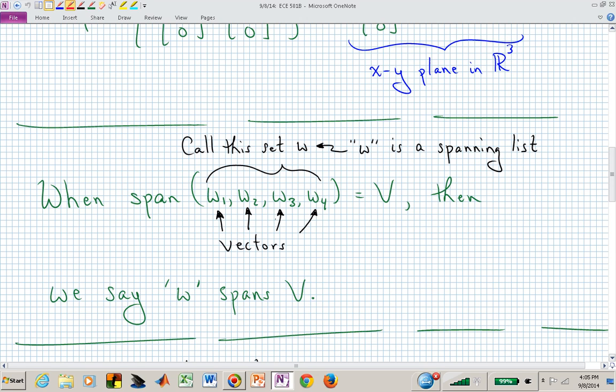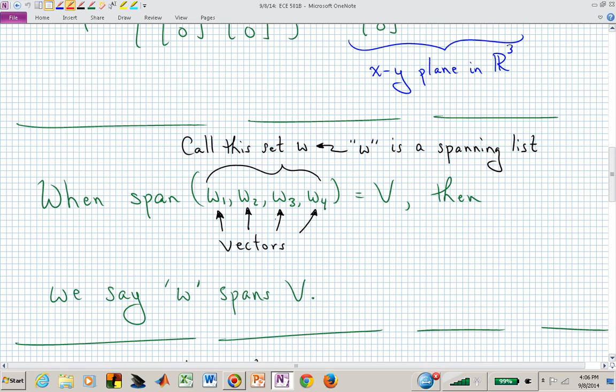This is just a spanning list, and it actually spans V. We're not saying anything about the linear independence or dependence of those vectors. We're just saying that if you had those four vectors, they would span the vector space V.